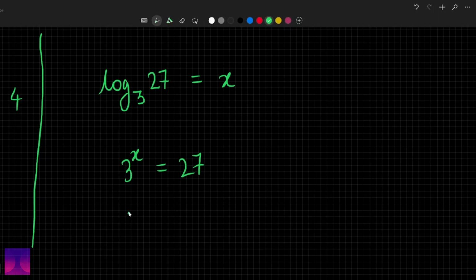Can you write 27 in the form of its prime factors? You know 27 equals 3 into 3 into 3. 3 into 3 is 9, and 9 into 3 is equal to 27. So this can also be written as 3 to the power 3. Now it's pretty easy, so x equals 3.